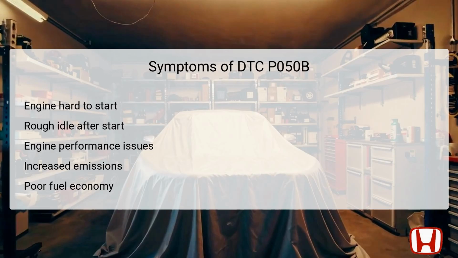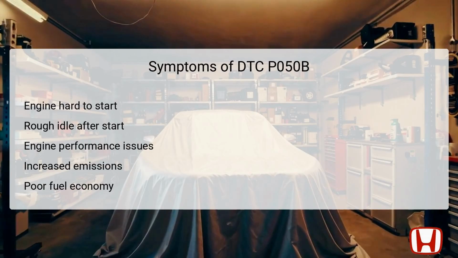Vehicles affected by DTC P050B may exhibit several symptoms. One of the most common complaints is difficulty starting the engine, especially in colder conditions, as the ignition timing is not optimal. Once the engine does start, it may idle roughly or inconsistently, leading to performance issues during initial operation.